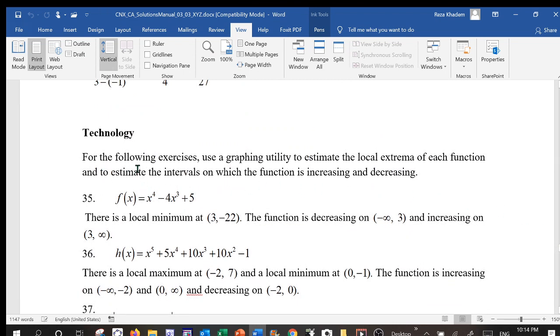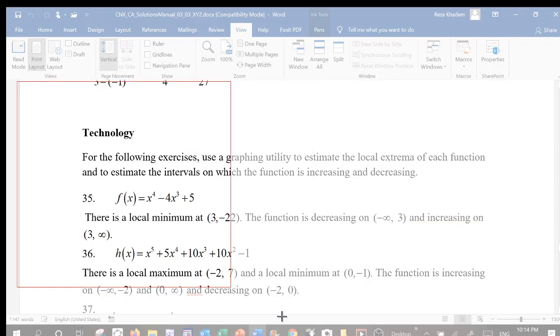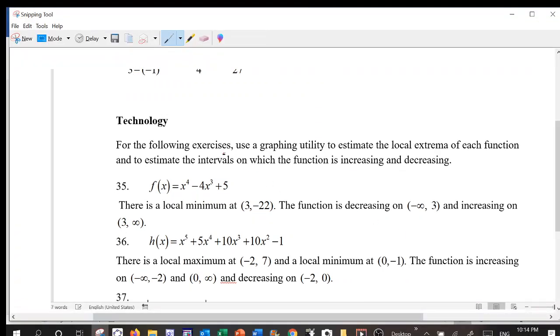The technology exercise says, use a graphing utility to estimate the local extrema. Now, extrema is a word that means either minimum or maximum. So we have the word minimum, we have the word maximum, and we have the word extremum.